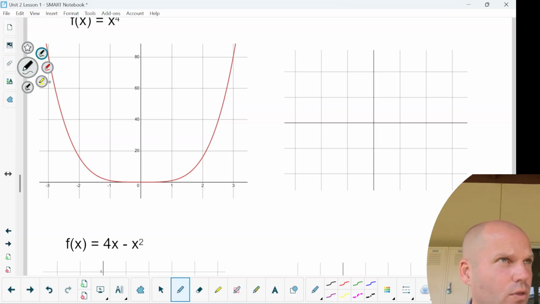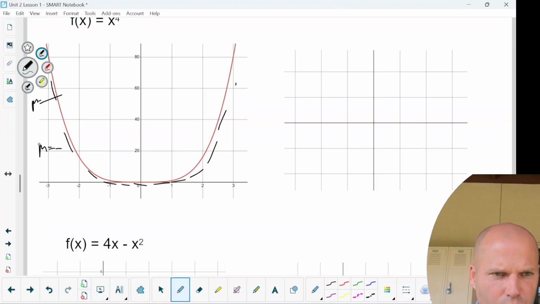Let's look at x to the fourth. It's very interesting. It's very much like x squared, only you see how it slows down a lot quicker. So again, just go with the slopes and plot the slopes at the points. Take your time here. At -3, I'm very negative. At -2, I'm less negative. At -1, I'm practically at zero, until I get to zero.